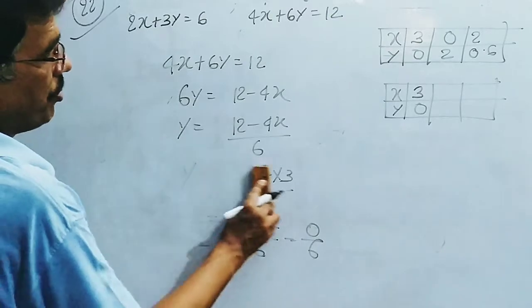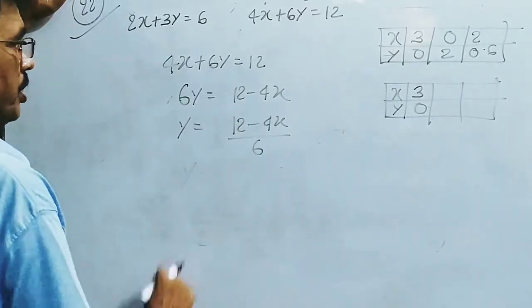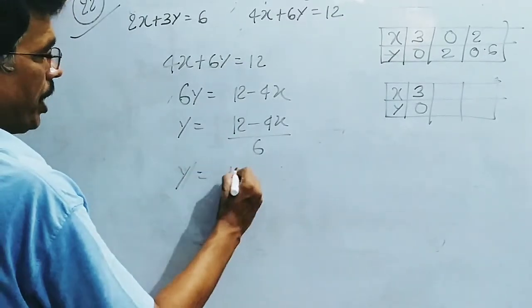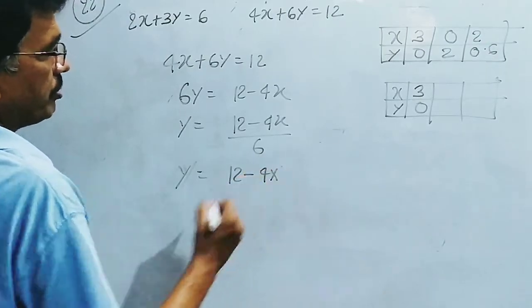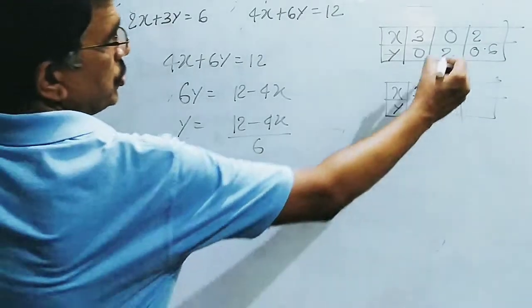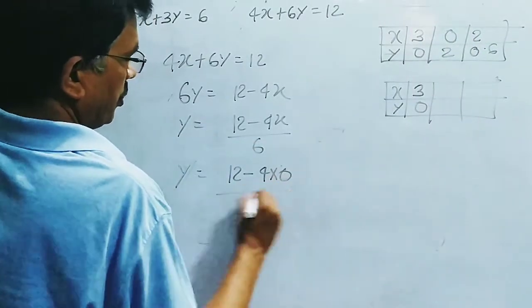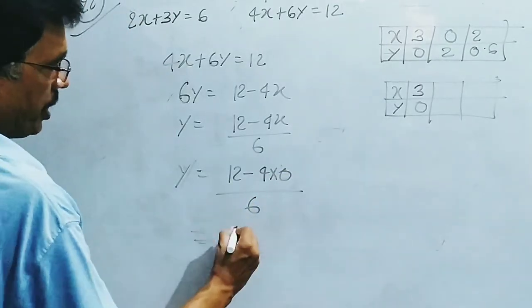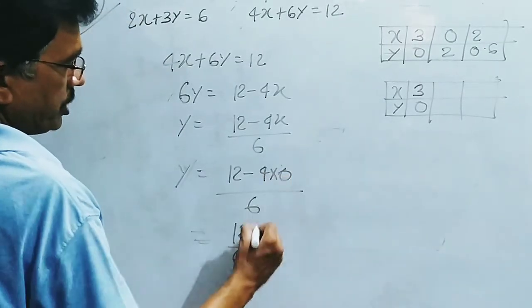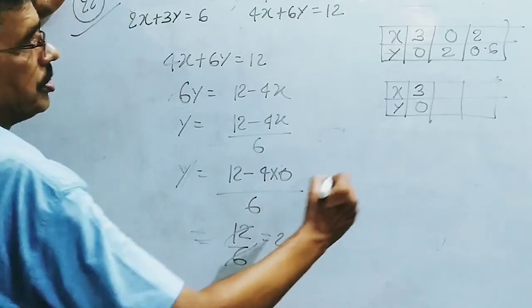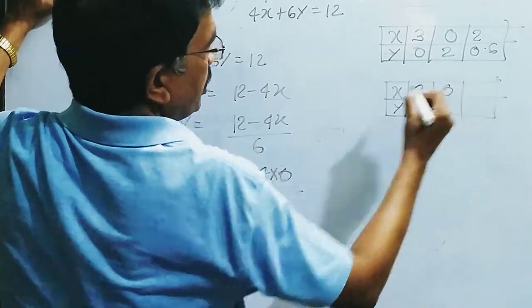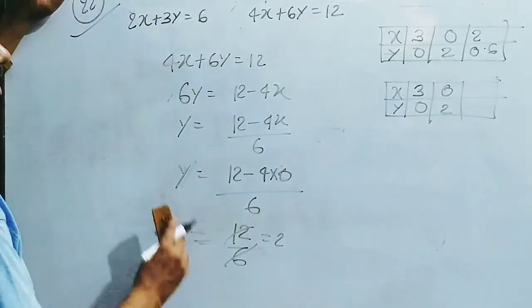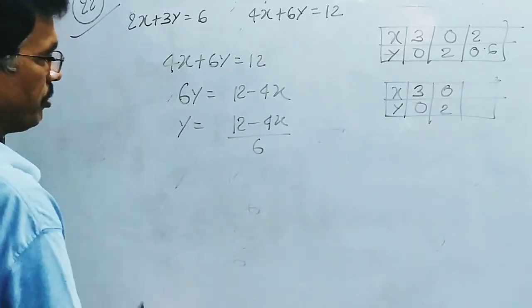Next, when x is 0, you write (12 - 4 into 0)/6. What do you get? 12/6, because it is 0, then it is 2. So when you write 0, then it is 2. Third, you write x is equal to 2.